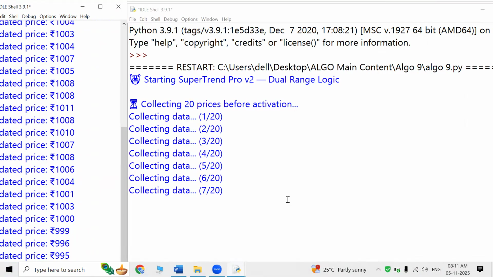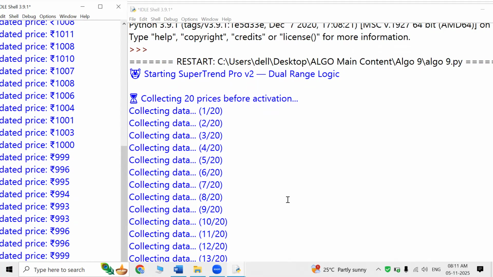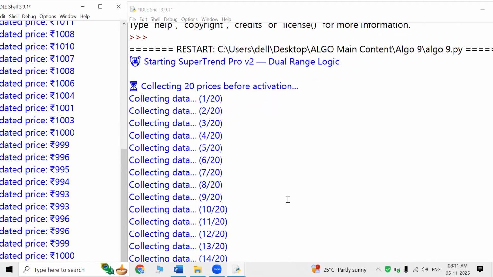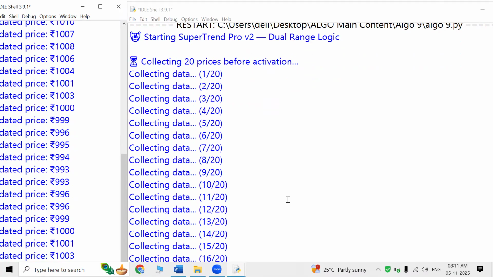So it keeps on collecting the price for 20 different prices. So first for the first 20, the data will be collected.